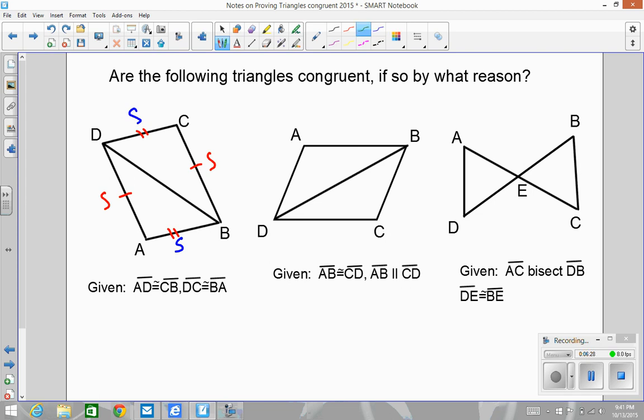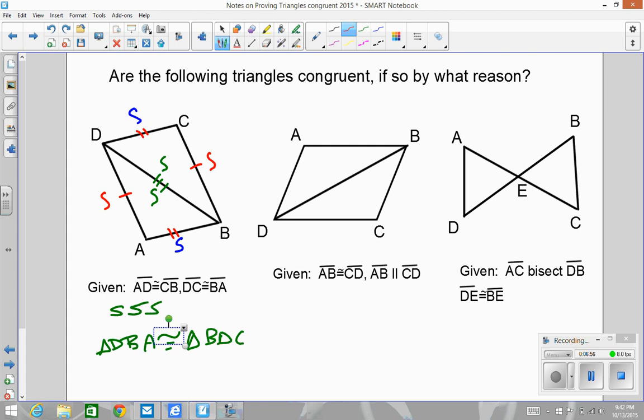But because they both share this side here in common, I can actually add in my third side for each triangle. And so these two triangles are congruent by side, side, side. And I can say triangle DBA is congruent to triangle BDC. All right, so that's that first one.